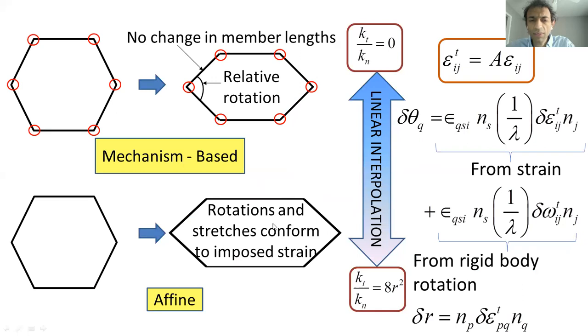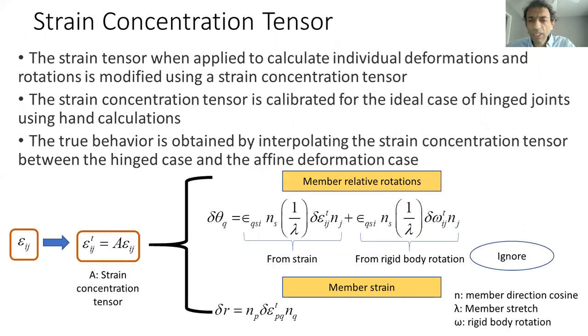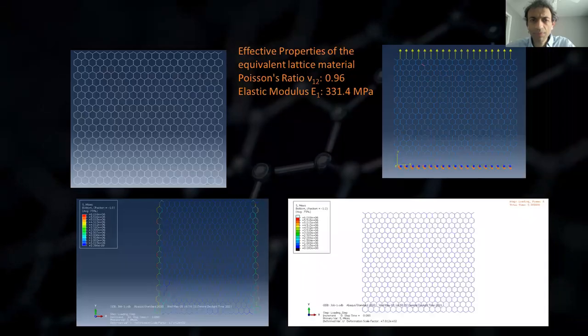The other extreme is where the macroscopically applied strain is uniformly imposed on the lattice. That is the affine case. By a linear interpolation between these two cases, we are able to get a good prediction using a strain tensor.